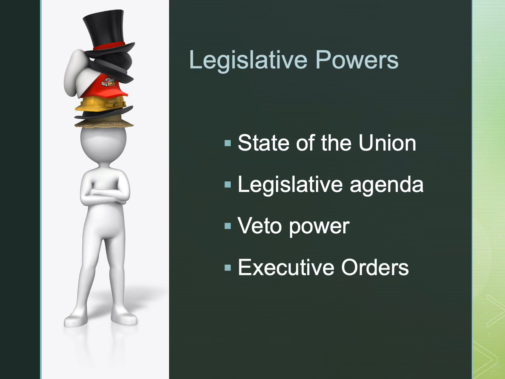And then also you'll read about these things called executive orders. You'll learn in your textbook about how executive orders were supposed to be just used in emergency situations. But these days, when the president can't get things done because there is gridlock with Congress, the president will exercise their executive order power.